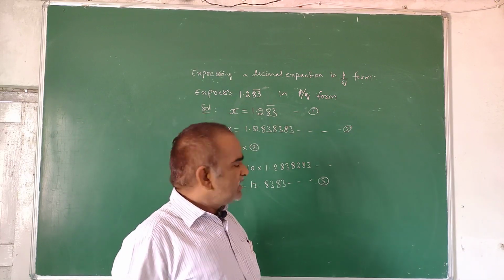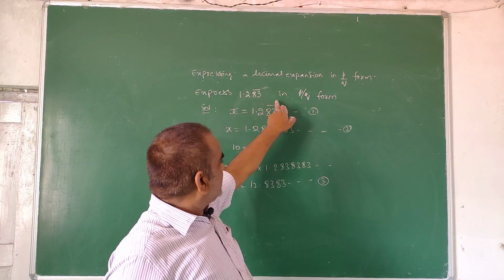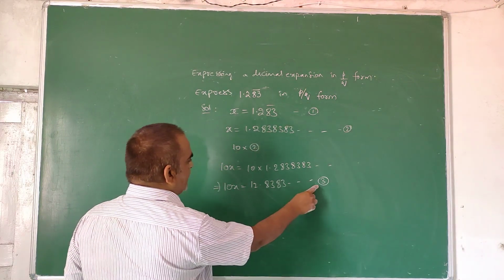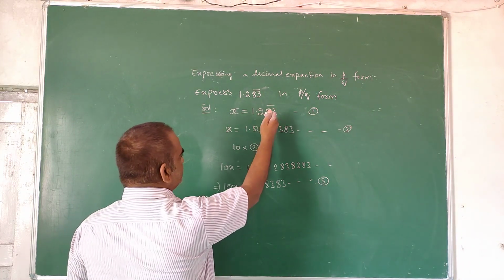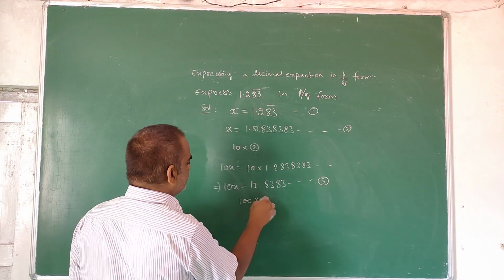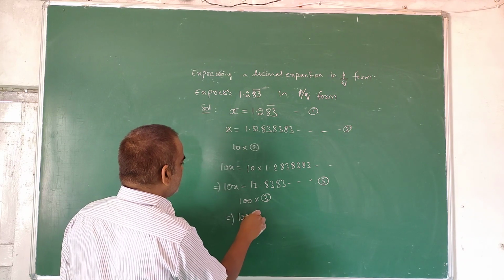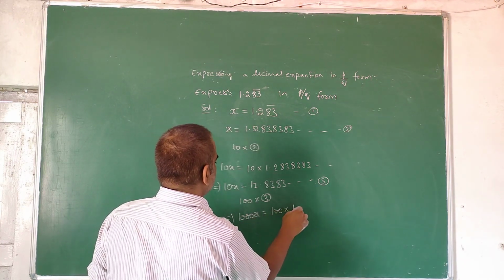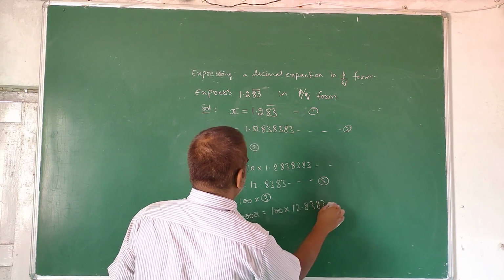Are you following? Now there are 2 digits under the recurring position, so you multiply equation 3 both sides with 100. Multiplying equation 3 both sides with 100, you get 1000x is equal to 100 into 12.838383 and so on.